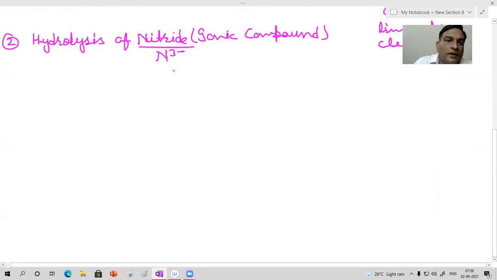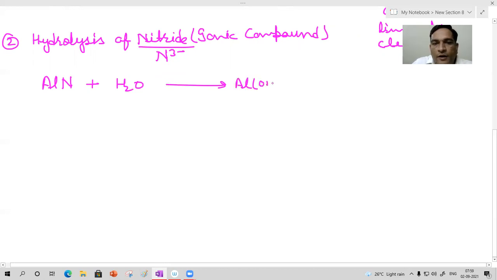It's a nitride. Giving you an example, aluminium nitride. If aluminium nitride reacts with water, it gives ammonia gas plus base, aluminium hydroxide. Ammonia is a base.